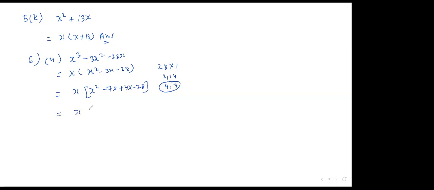So this will be x times x minus 7, and take 4 common. So this will be 4 times x minus 7. So we have x times x minus 7 and x plus 4. This will be the answer.